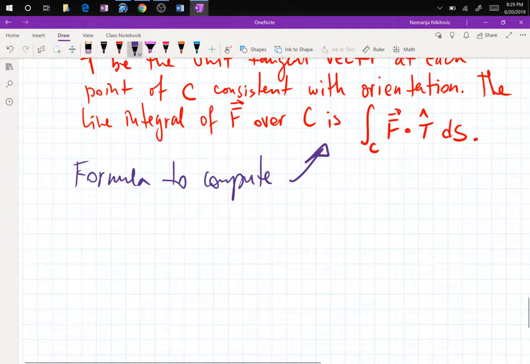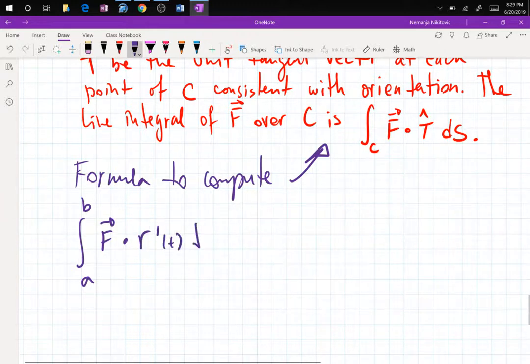It is going to be given by integral a to b of vector field F dotted with r prime of t dt. You see, I just want to stop talking here and not write anything else. Because if you really want to learn the most compact form for this, this is the only thing you learn.